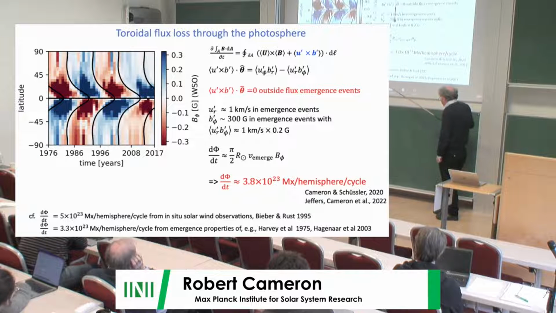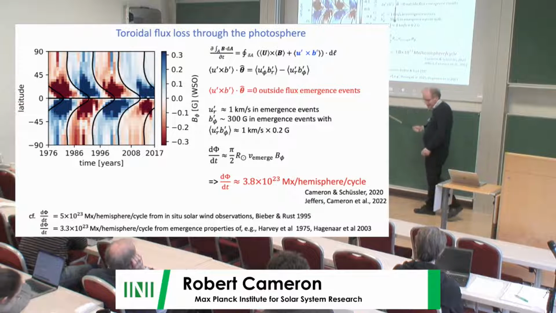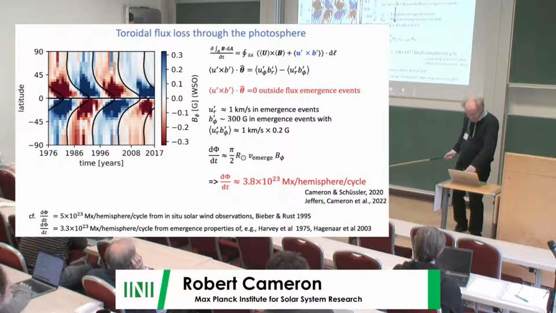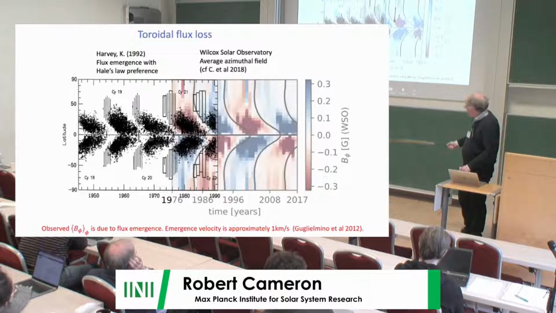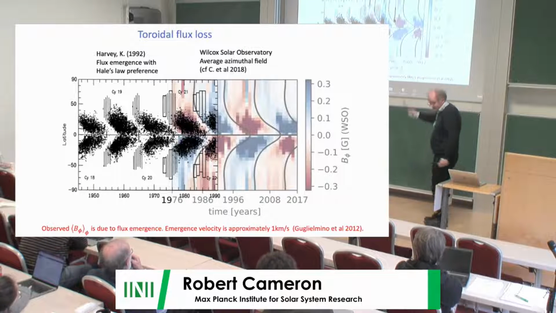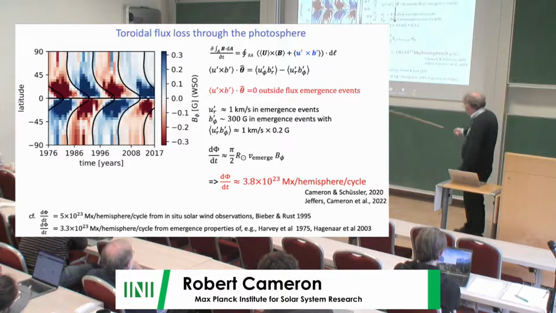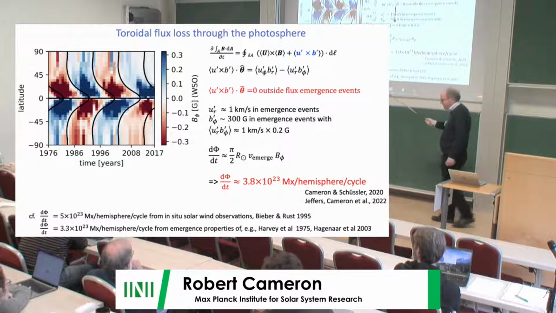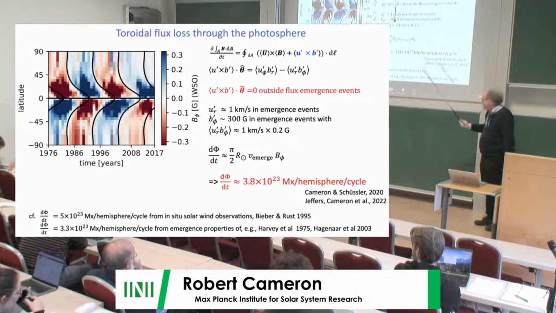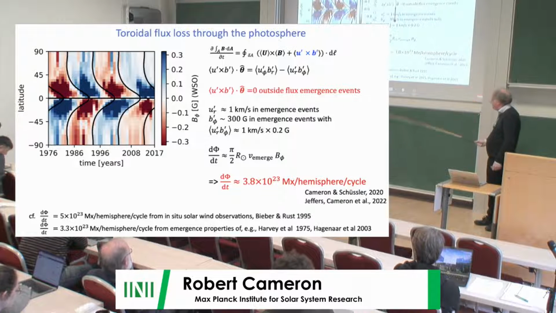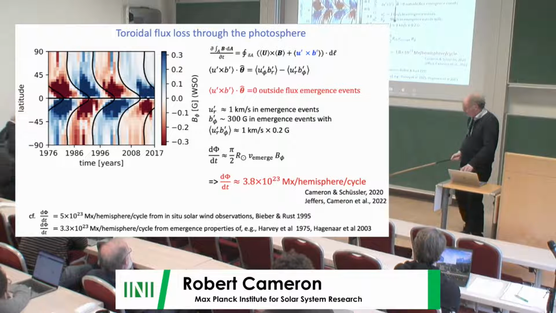So this comes from in situ measurements. Alternatively, because we've got multiple ways of looking at flux emergence, you can use these results from Kay and Harvey. If you use those, you get about 3.3 times 10 to the 23 Maxwells. So however you look at it, we're losing 3 to 5 times 10 to the 23 Maxwells per hemisphere per cycle.